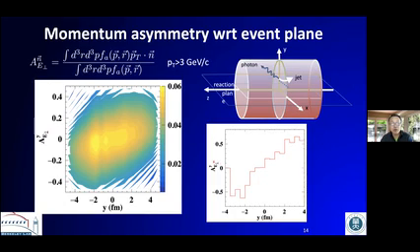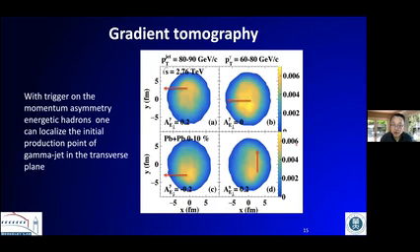Then here we define the energy asymmetry instead of multiplicity. Indeed, the asymmetry has a strong correlation with the initial position. So finally, we look at the full simulation. Suppose we look at the jet initial production point by triggering, for example, on the value of the transverse energy asymmetry.